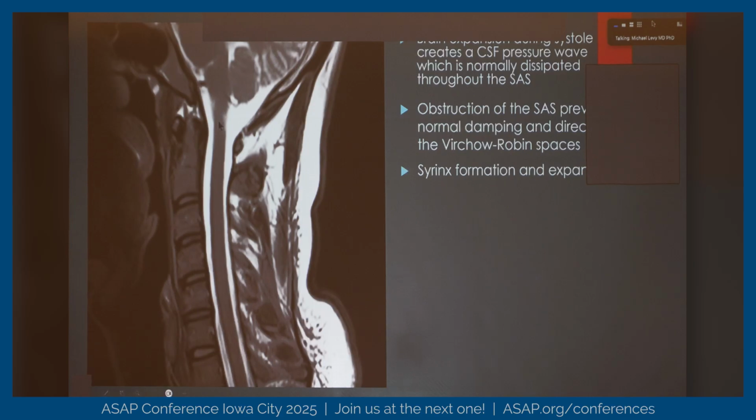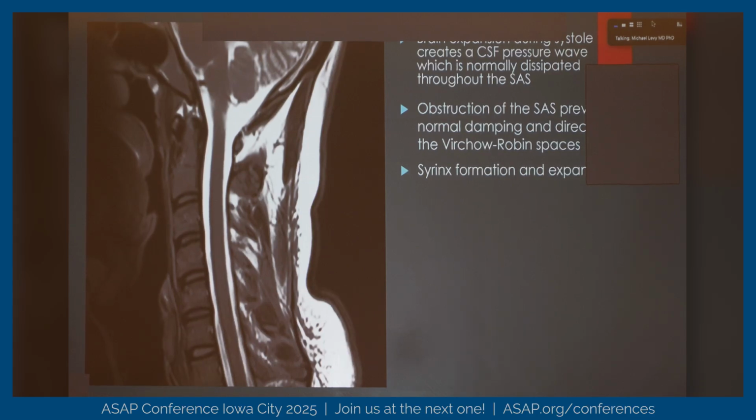And essentially, the CSF pressure wave is heading down anterior, posterior, and lateral to the spinal cord, or the tissue of the cord itself. If there's an obstruction in this space, then the normal damping that you get of the wave progression through the fluid-filled space is altered, creating a redirection of force.